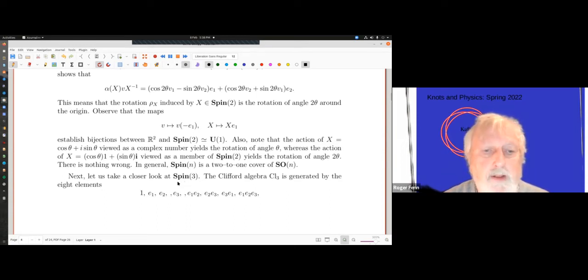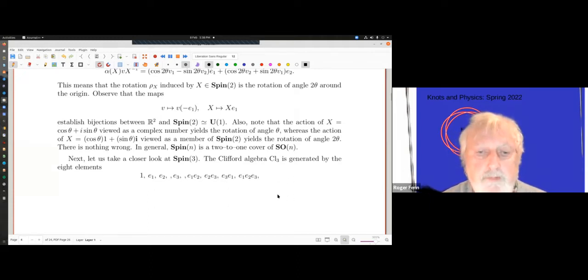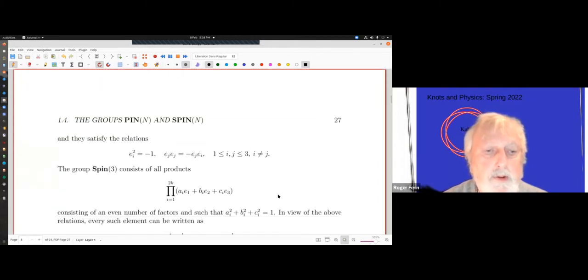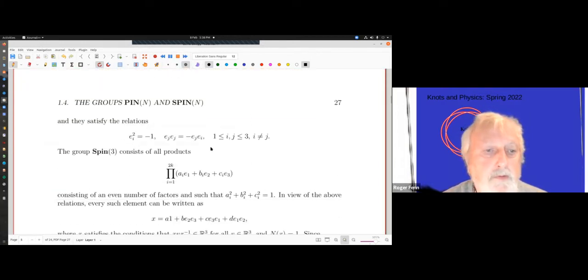Yeah. And then he goes on to Spin 3. The Clifford algebra CL3 is generated by the 8 elements. As I say, this is the general 8-dimensional algebra. We've gone through all this. Spin 3 consists of all even-number products of vectors, or unit vectors, like this, and they all have length 1.